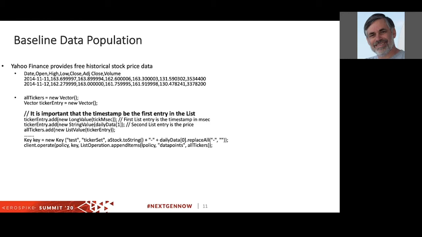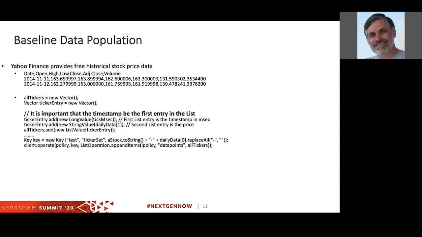What I do is create a vector or an array of tick data that I generate for each second throughout each day based on the range between the high and the low values that were provided to me.